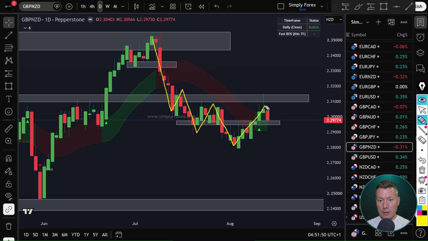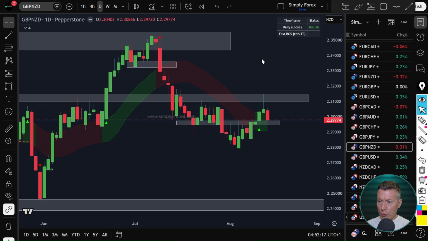These are the last highs in here, and they haven't been broken because we wicked back down. Now, the problem you do have is we've got this support level here as well. But if we get a daily candle, look, something like this, that breaks that level, again, we're looking to come back down to these lows and this 2.28 level. Okay, so that's what we'll be waiting for. But pound New Zealand dollar sells.